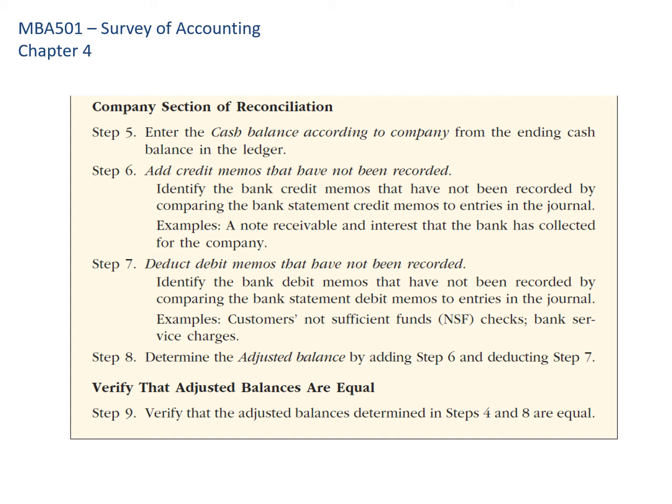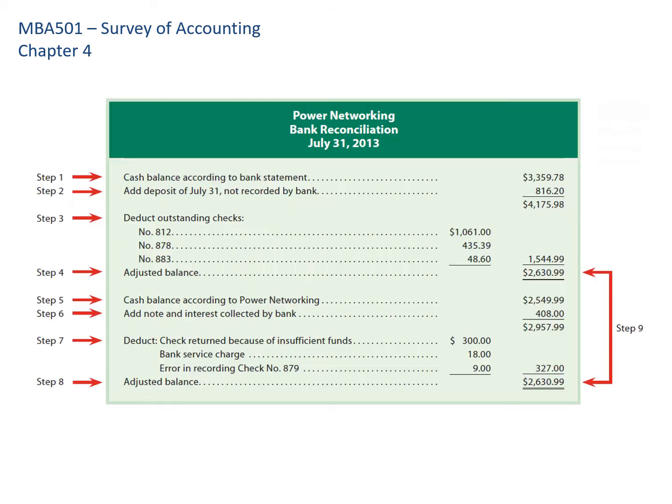So those could be examples of charges that have hit your account that aren't reflected in your accounting records. So the company adjusted balance will be the ending cash balance as per the company, plus any additions the bank has made that we didn't record, minus any deductions, and that'll give us an adjusted company balance. Now, the last step is to make sure those two amounts equal each other.